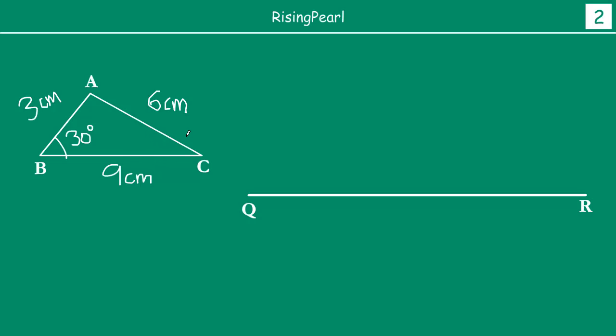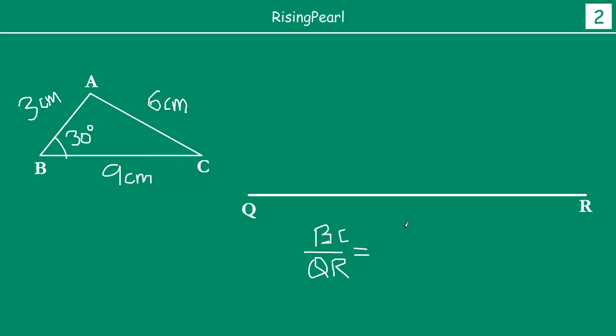So how do I go about it? So first of all, I'm going to draw a triangle here, and my triangle will be PQR eventually. So what I have is my BC to QR, I want to draw 2 times the size of this triangle, right?